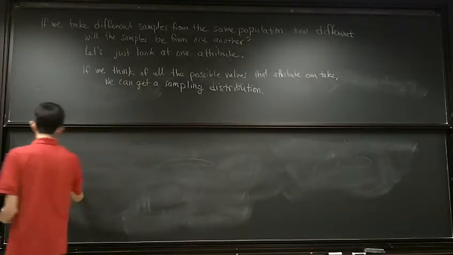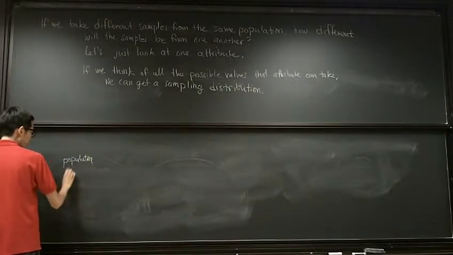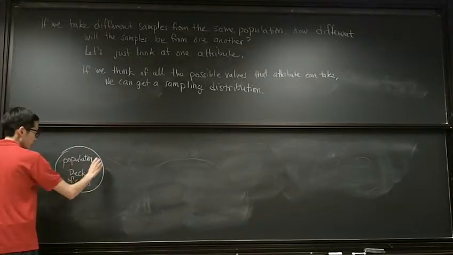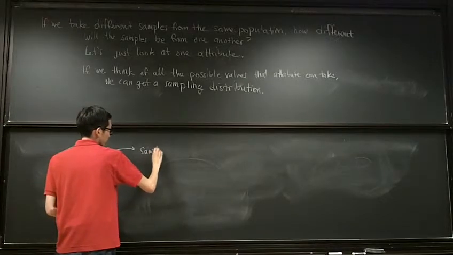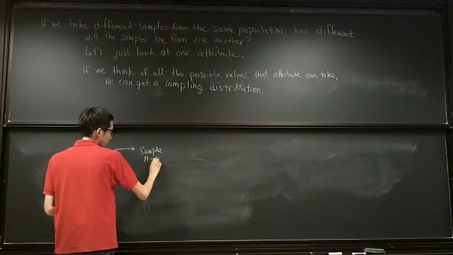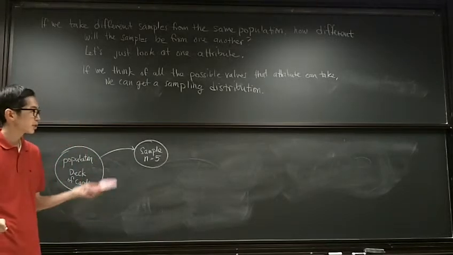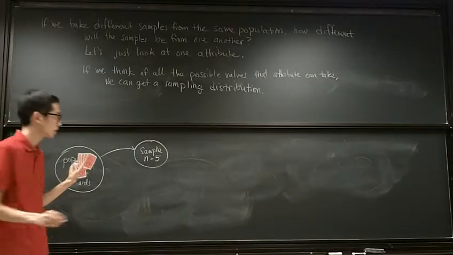The population is represented by the deck of cards. From the population, I'm taking a sample of 5 cards, and what I'm going to measure is the percentage of those 5 cards that are red.